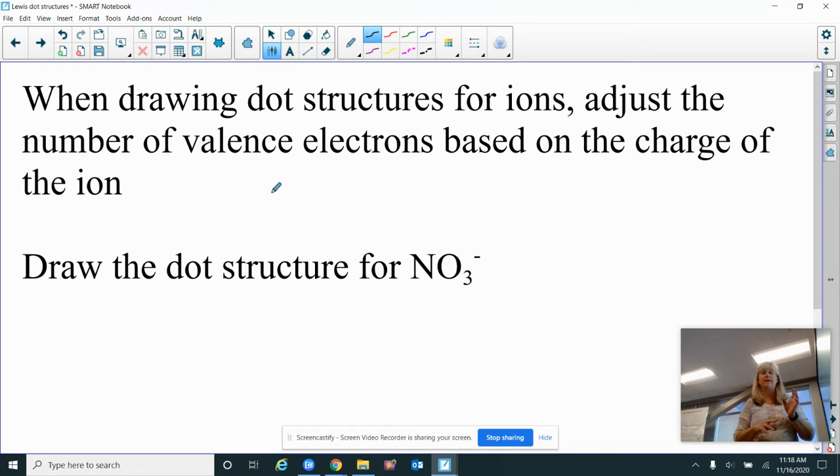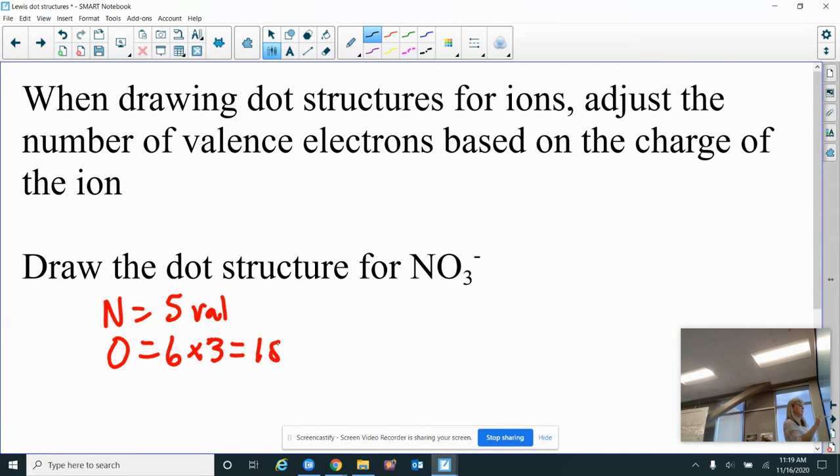So first of all, with ions, you do them the same way, but then they have a charge, which is going to change the total number of valence electrons. So for nitrogen, we know that there are 5 valence electrons, and oxygen has 6 valence electrons. So in NO3 minus, we'll have 3 oxygens.